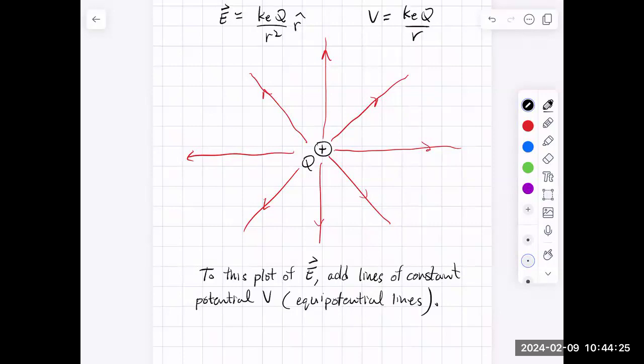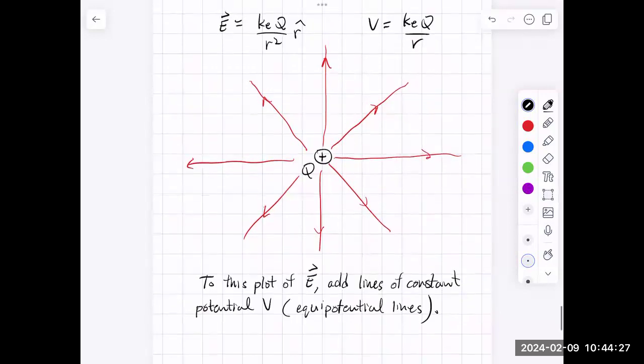So if V is equal to KEQ over R, what should my equipotential lines look like? The only thing that the potential depends on is the distance from the charge. So if I want a constant potential, what should I do to that distance?